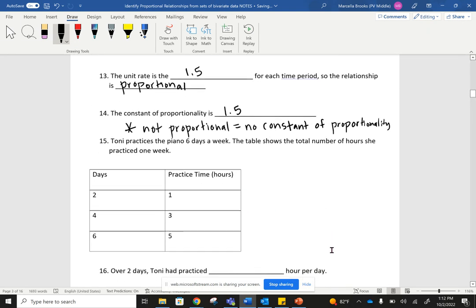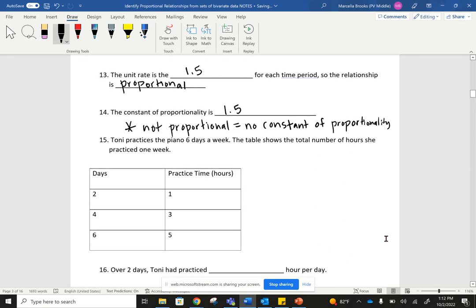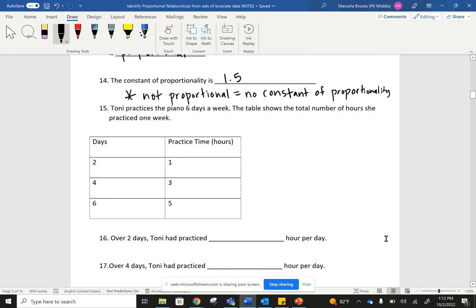All right, number 15. Tony practices the piano 6 days a week. The table shows the number of hours she practiced in 1 week. So over 2 days, she practiced 1 hour. So again, we have x and y. We're going to do y over x to find our constant of proportionality or unit rate. So it's 1 over 2, 1 hour over 2 days.